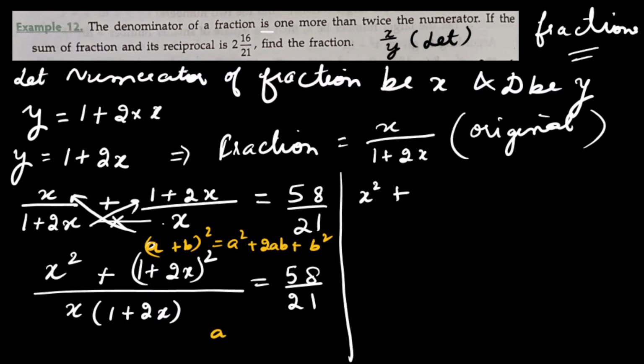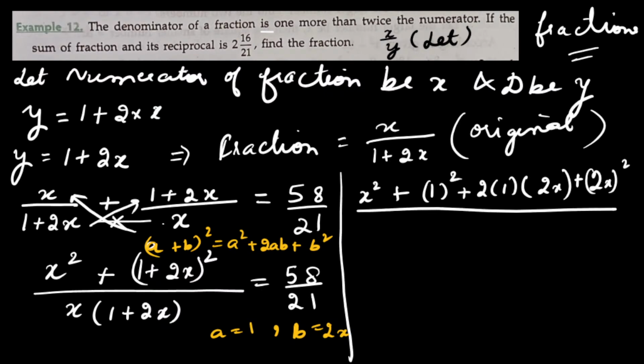Here a is 1 and b is 2x. Expanding: a square is 1 square, plus 2 into 1 into b, where b is 2x, plus b square, which is 2x whole square.